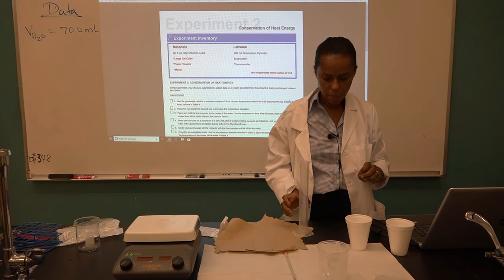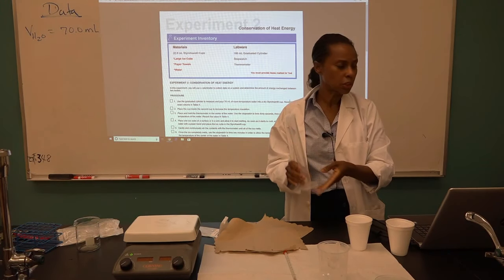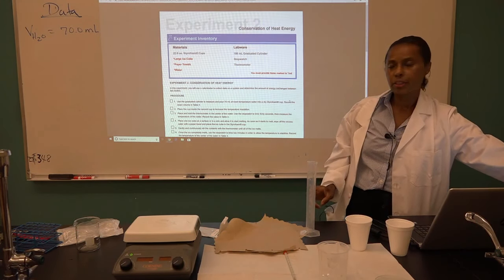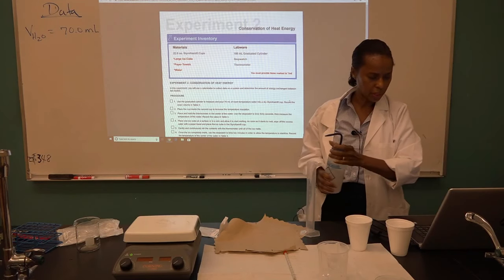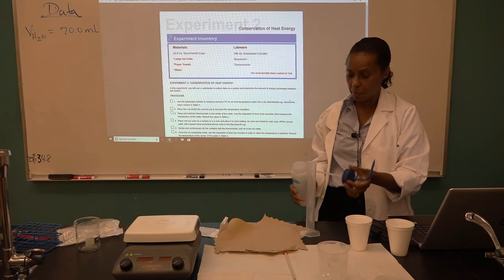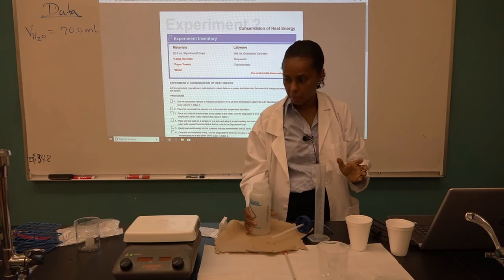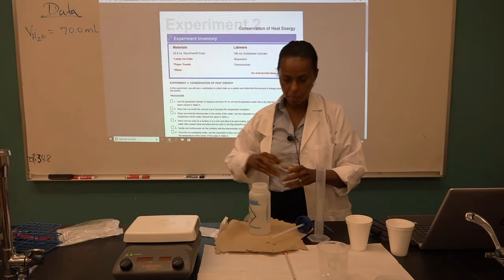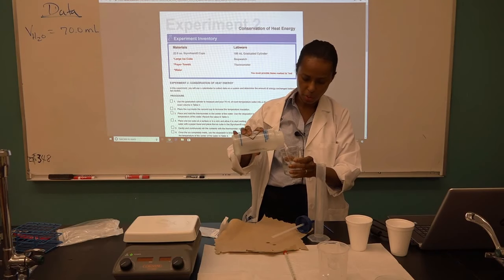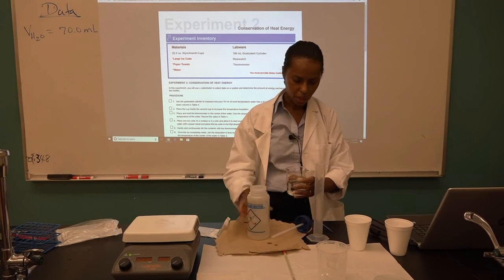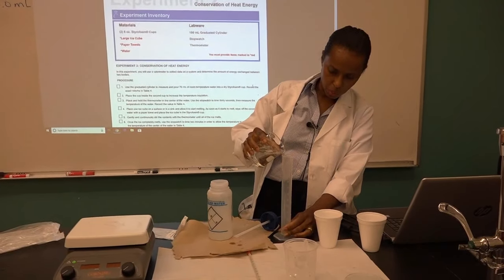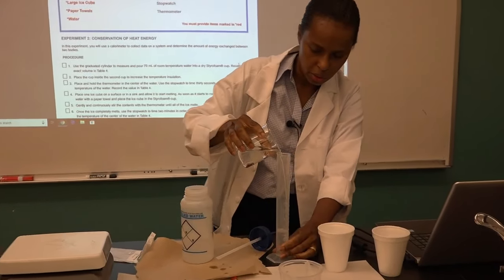And we're going to start by using a graduated cylinder to measure out 70 ml of your regular water. So you have a plastic graduated cylinder, and the proper technique will be to use the beaker and place the water in there, and then pour the water into the graduated cylinder.